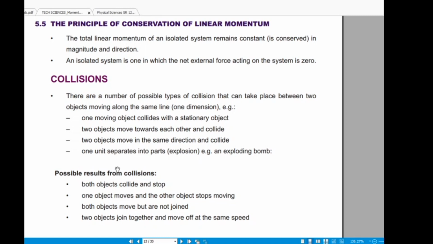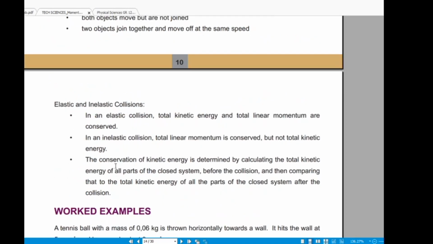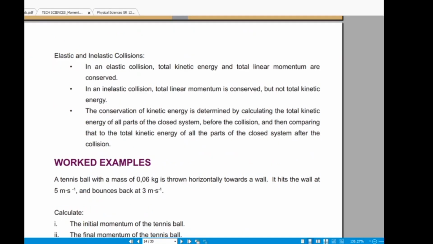Okay, so siyachubeka. Here they are talking about elastic and inelastic collision. So sichazile ukuthi in elastic collision the total kinetic energy is conserved. In an elastic collision the total kinetic energy and total linear momentum are both conserved, right?